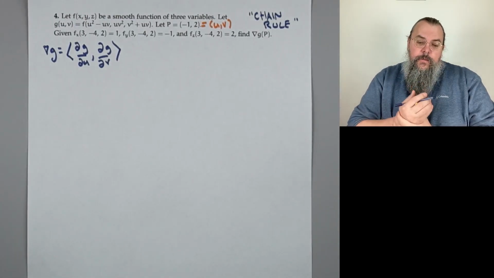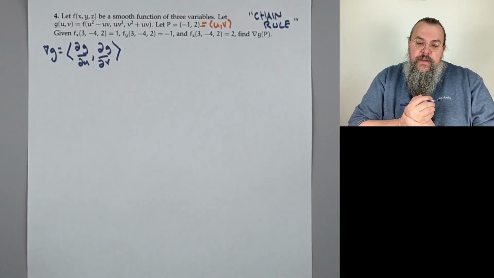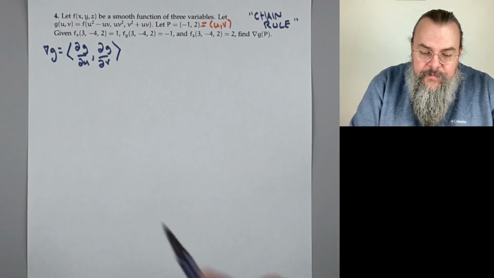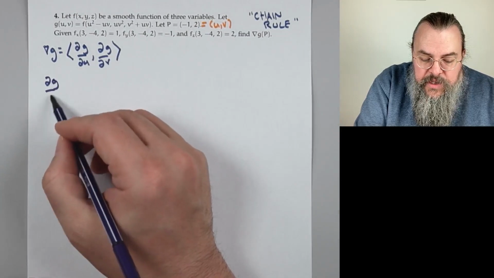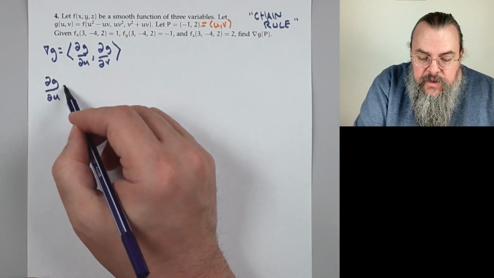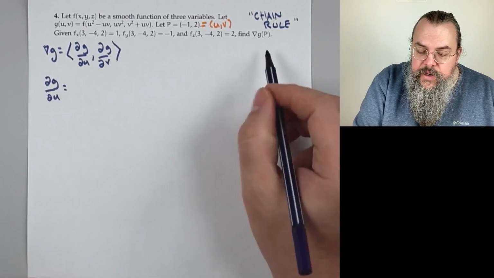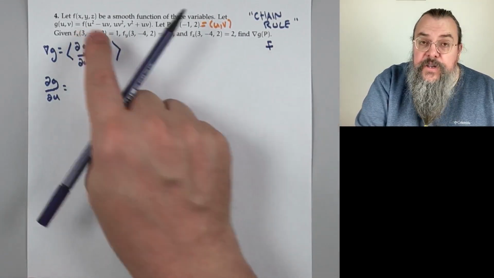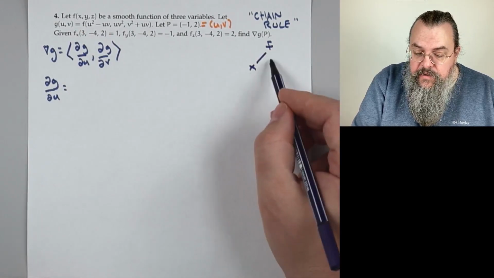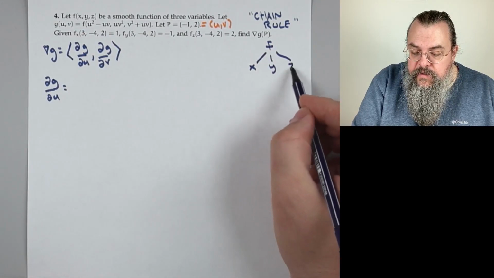So we have to go through and say, okay, how do we find these pieces? So let's start with partial g, partial u. Now, if we think about what's going on here, we have f is a function of three variables, x, y, z.